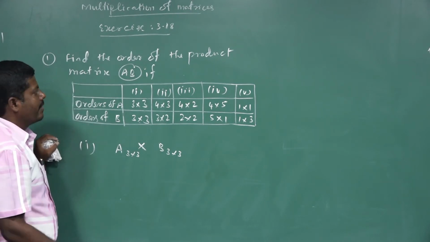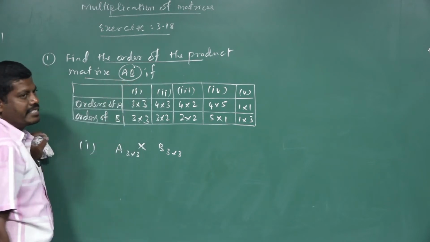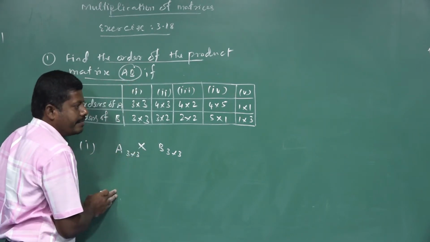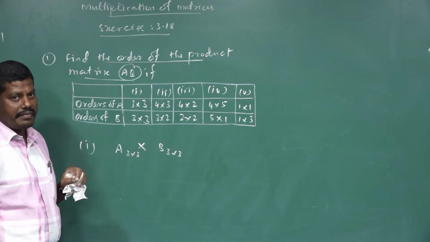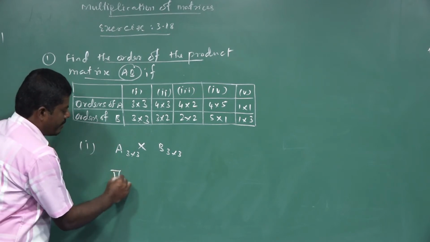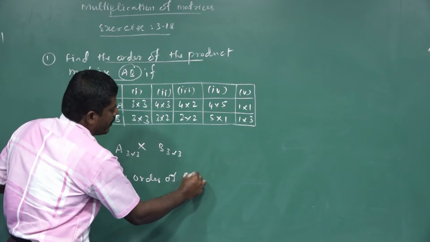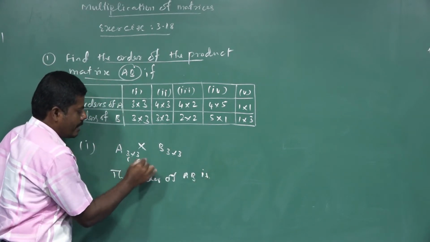What is the order of product matrix AB? That is our question. When we multiply AB, we get one result matrix. What is the order of that result matrix? That we want to know. This is row, this is column.